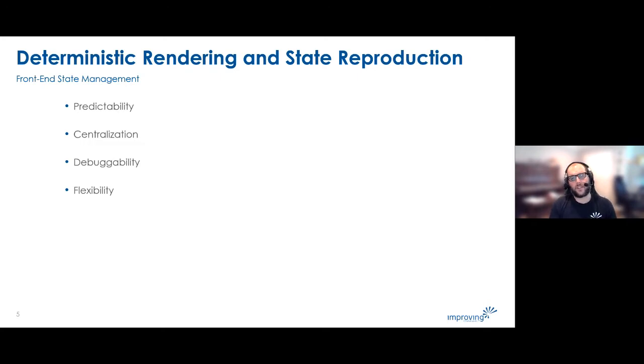The things that front-end state management libraries like Redux or RxJS give us are predictability, centralization, debuggability, and flexibility. If you're looking at front-end state management libraries, find one that gives you these, because they're necessary for non-crazy global state management. These make it maintainable.